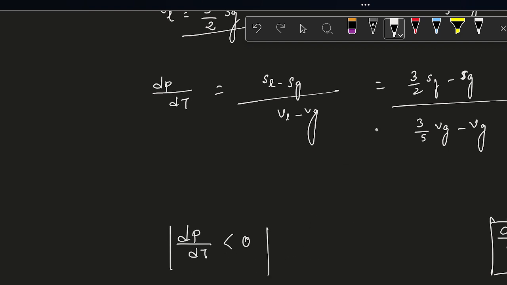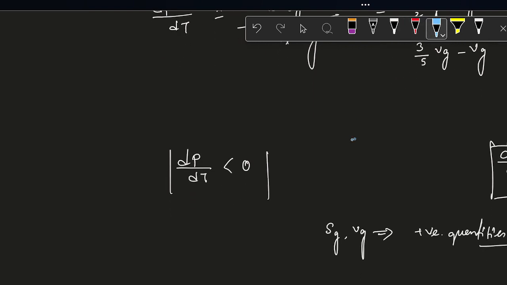That means the slope of the line where the liquid and gas phases coexist is negative in the phase diagram. If you decrease the temperature, the pressure will increase, or if you increase the temperature, the pressure will decrease. If you increase one quantity, the other decreases, a reverse effect.